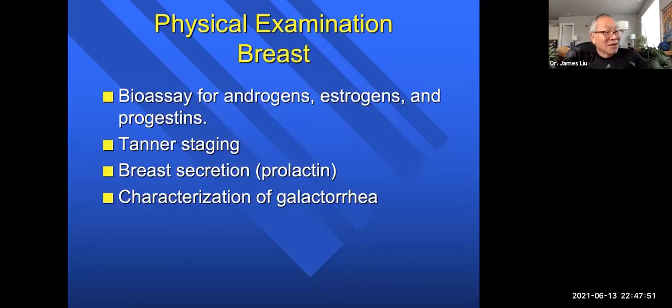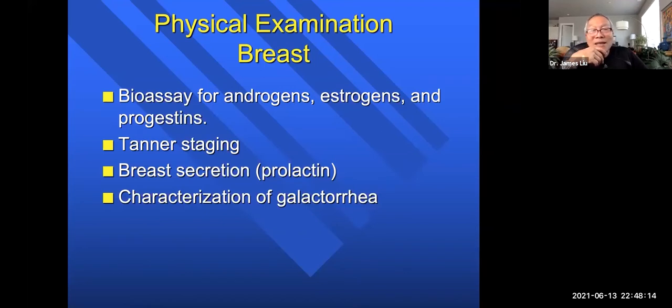So going down to the breasts, it's a bioassay for androgens, estrogens, and progestins. Estrogens usually drive the ductal development in the breast, and the progestin drives the acinar or glandular development in breast tissue.